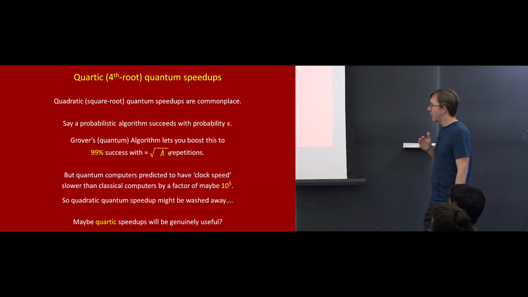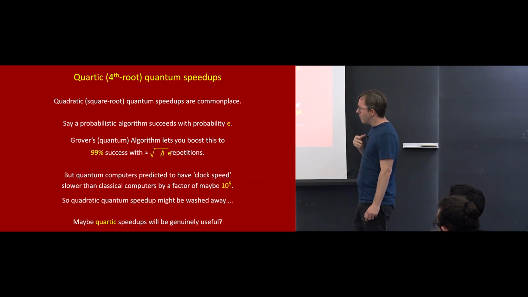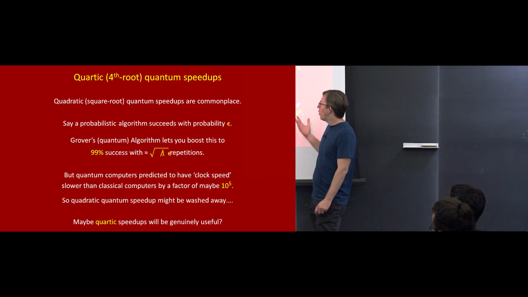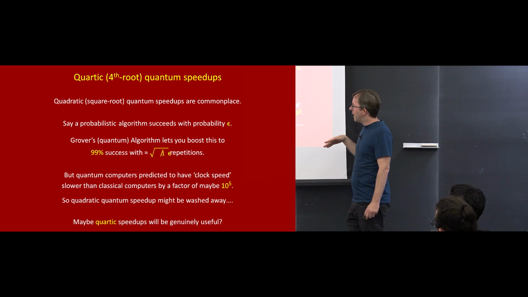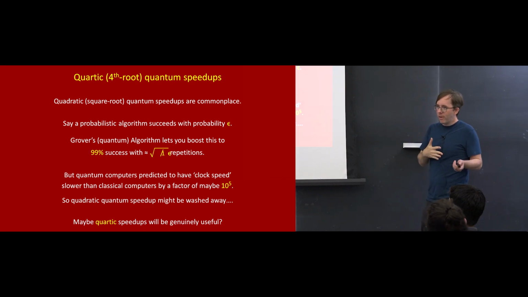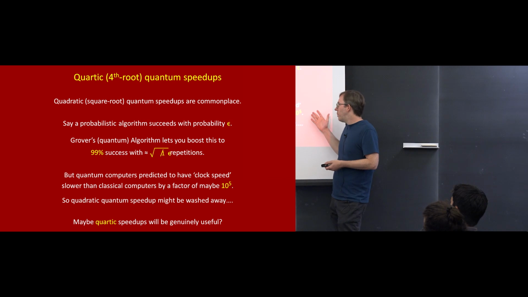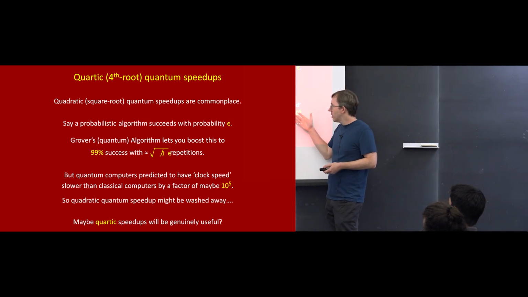So people are not that excited about quantum quadratic speedups. And some of the people that really are caring about quantum computers are particularly down on them because of this fact. Okay, if you have a quadratic speedup and maybe n is 1,000,000, so you're like, oh, I saved a factor of 1,000 with this quantum algorithm. They're like, yeah, but quantum computers are predicted to be slower than classical computers in clock speed by a factor of 10,000.